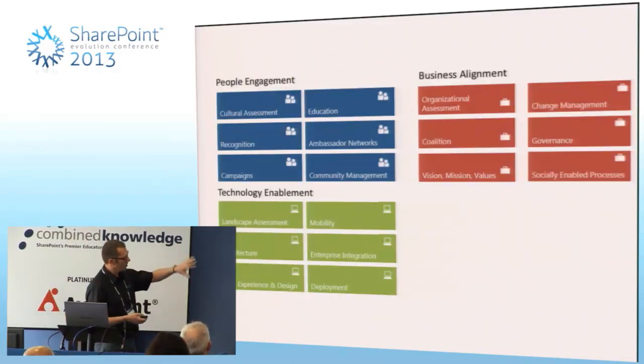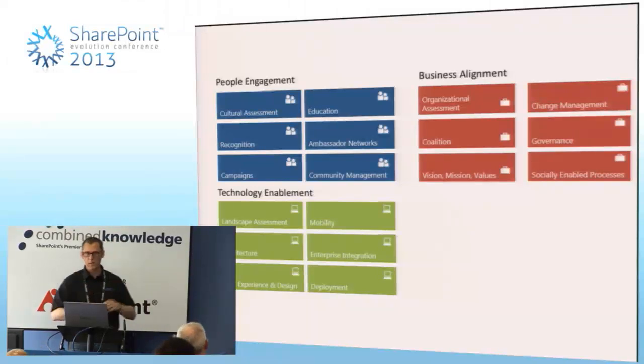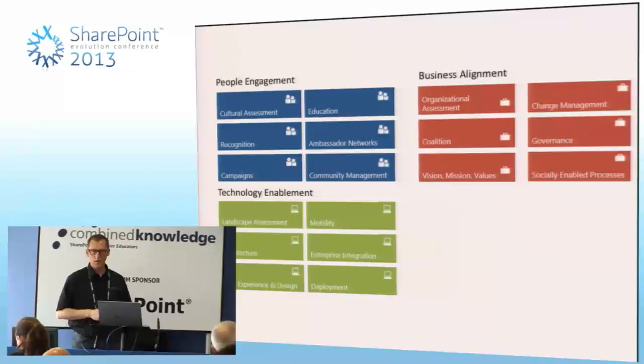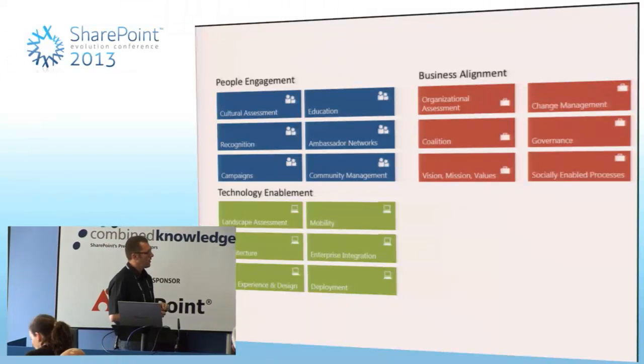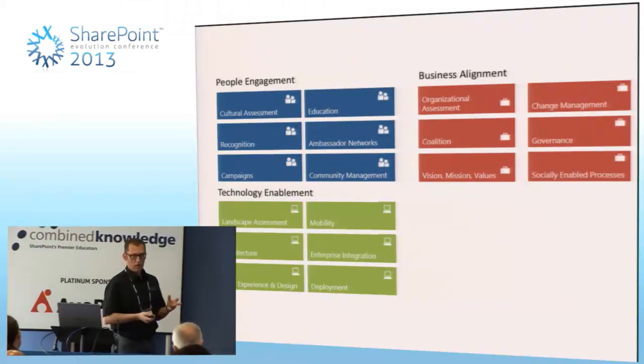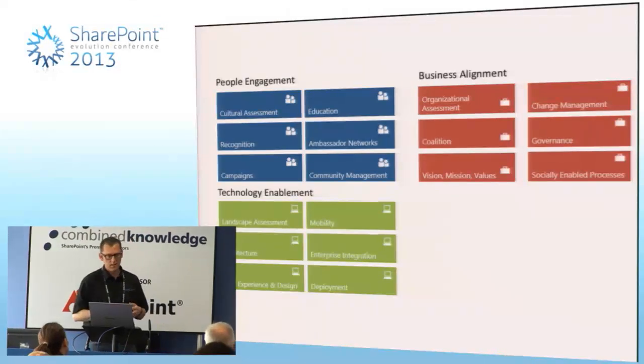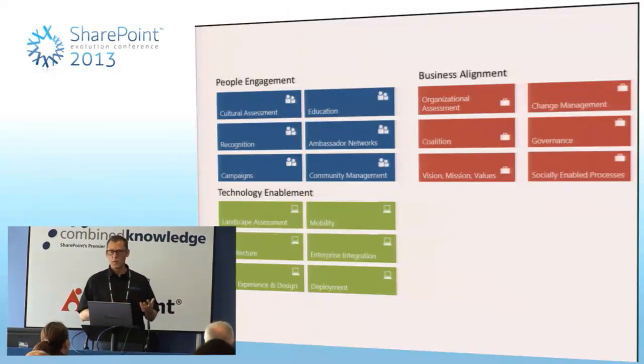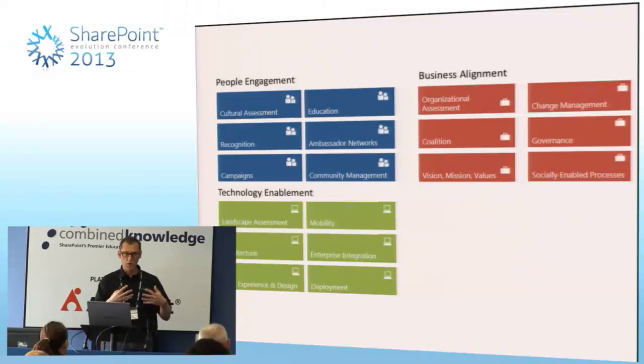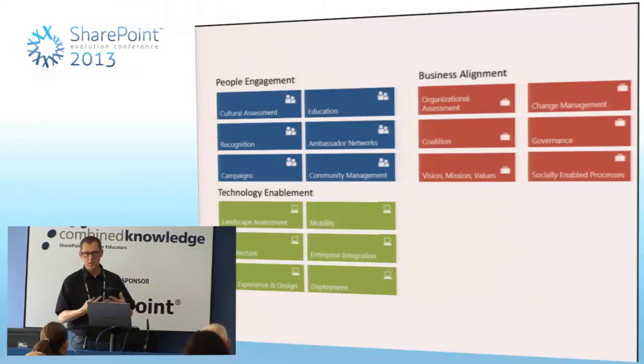So you could break this up into a couple of areas here. You don't have to use all of them, but there are some topics here that might be very useful in starting to implement a social business solution, whether it's SharePoint out of the box or a tool that any of the other vendors are selling. I think the more integrated the solution is, the better it is.